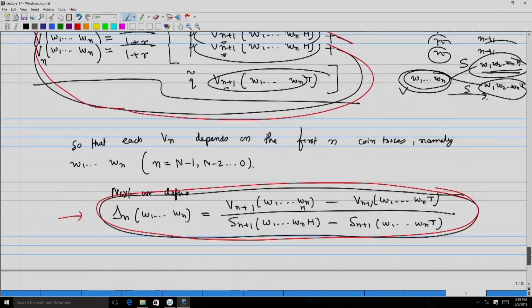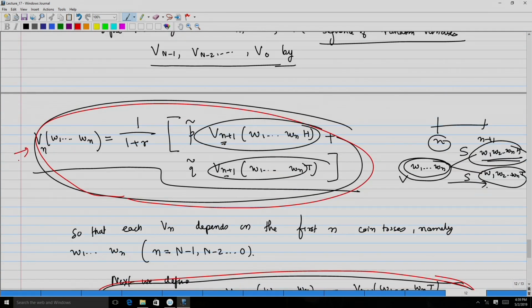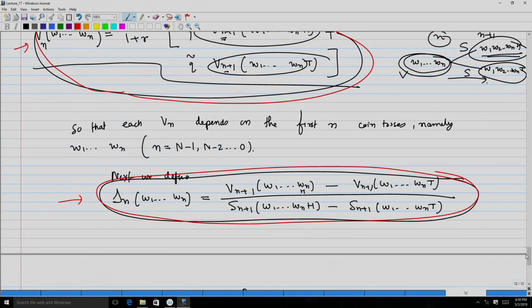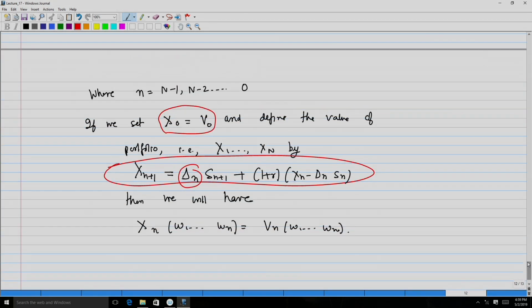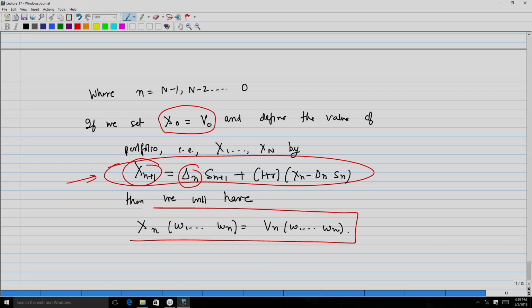Remember, I first figured out what is going to be my Vn, I then use my Vn to get my delta n. I need these Vn values, and once I get delta n, I can use this to define my X n plus 1. So, these Xn's that I have here will match all the values of Vn. So, basically this is the theorem which talks about the replication. That means your replicating portfolio value Xn will always be matching Vn if you define Vn and delta n as specified earlier in the theorem.